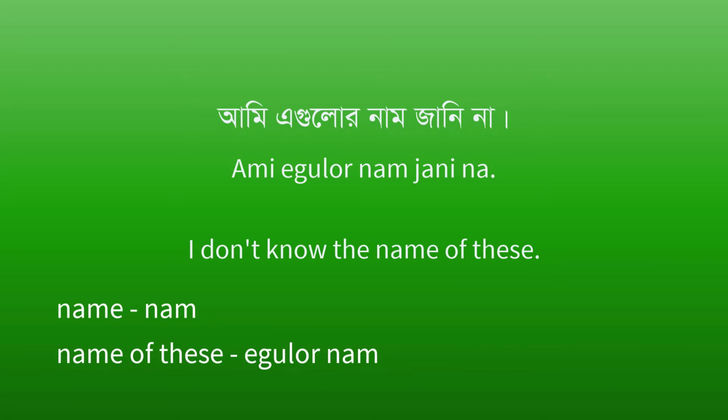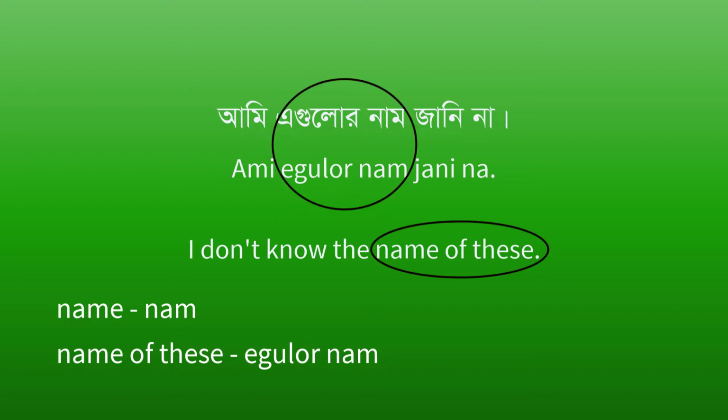আমি এগুলোর নাম জানি না। I don't know the name of this. Here এগুলো means this and এগুলোর নাম means name of this.